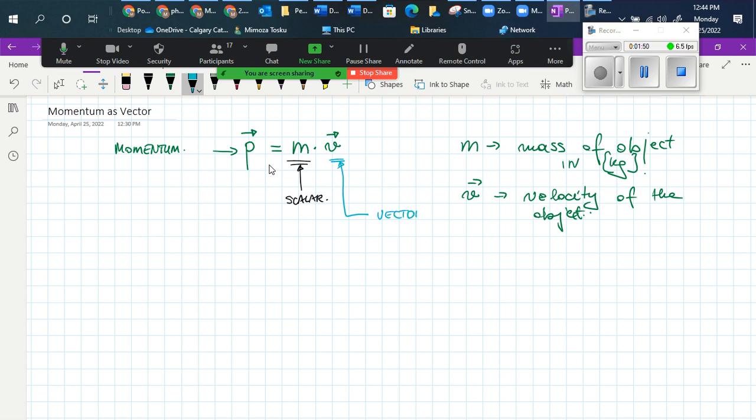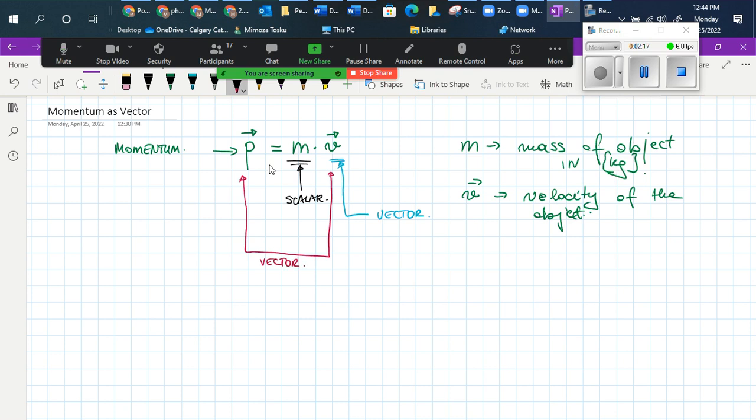And we know that in order to fully describe a vector quantity, we need to identify two parts, magnitude with the units and the direction. So therefore, we can say that momentum, that is the product of a scalar and a vector quantity, is a vector quantity as well.